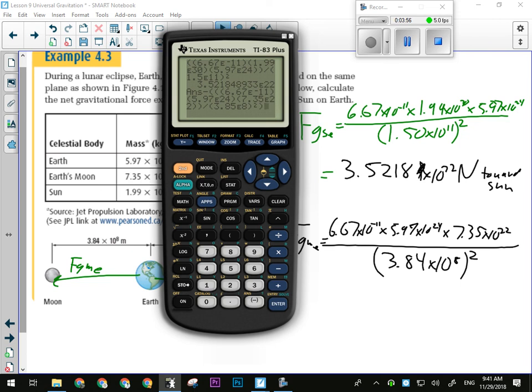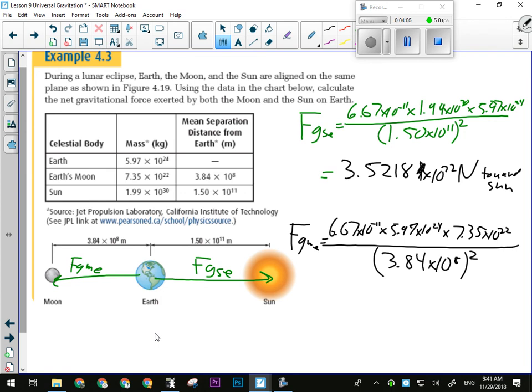Okay, I think I got the right number of brackets there, hopefully. So we get 3.50 times 10 to the 22 newtons towards the sun is our net force.